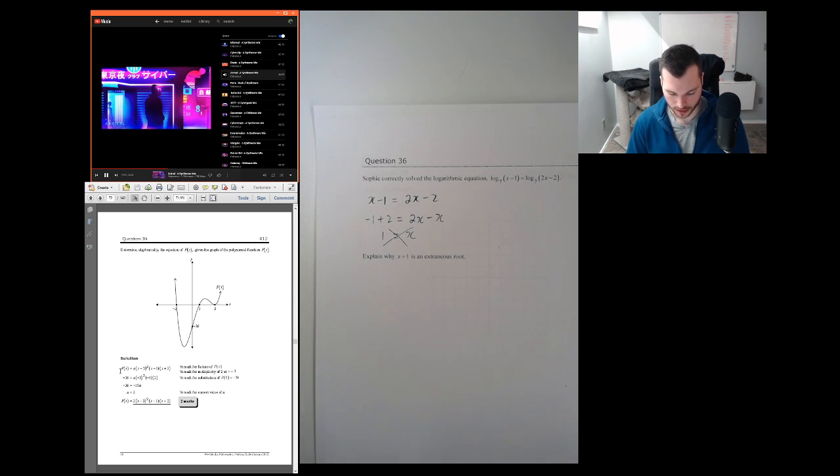Okay. Sophie correctly solved the logarithmic question like this. Explain why x equals 1 is an extraneous root. Sure.